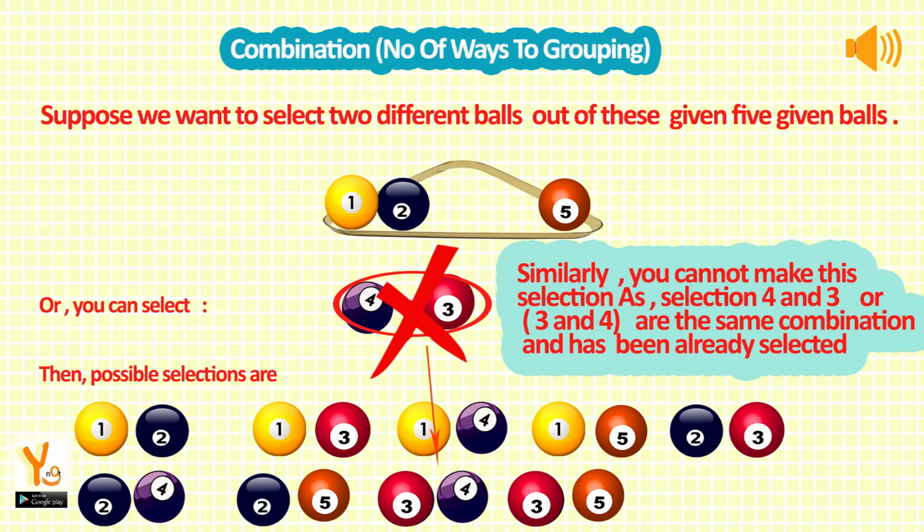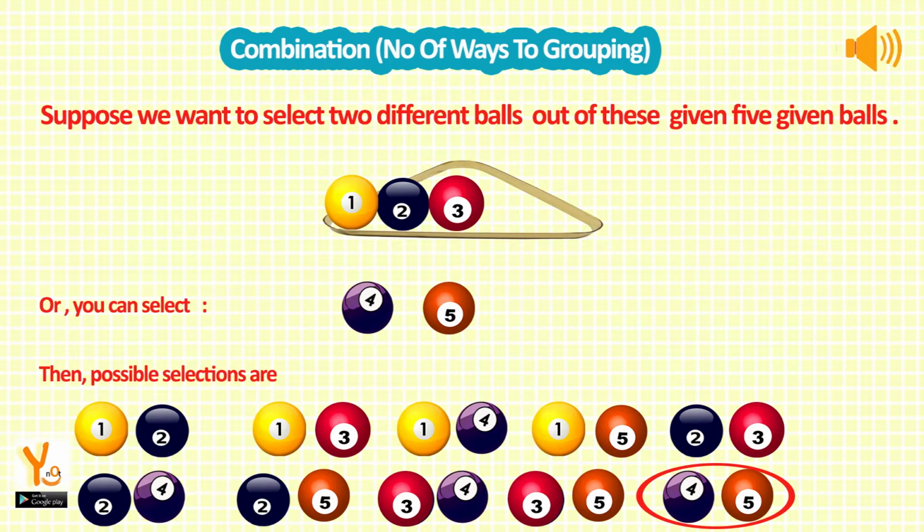Similarly, on selecting 4 and 3, you cannot make this selection, as selection 4 and 3, or 3 and 4, are the same combination, and has been already selected. Or, you can select 4 and 5.